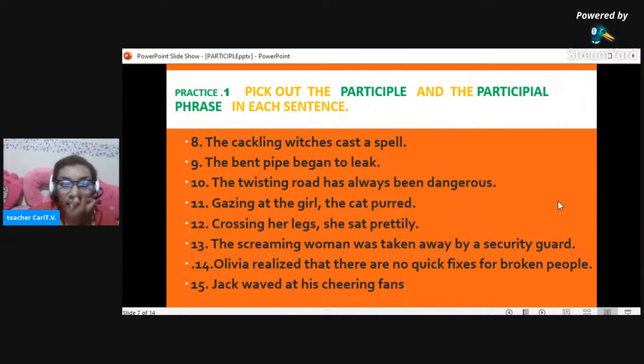Number eight, the crackling witches cast a spell. So which is the participle? Remember, when it is in present tense, it ends with -ing, while a participle in the past ends with -d, -ed, -en, or -t.